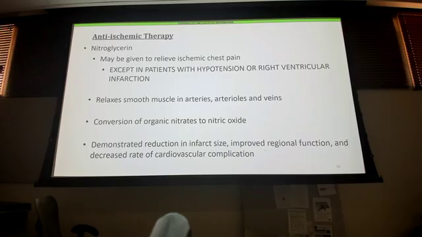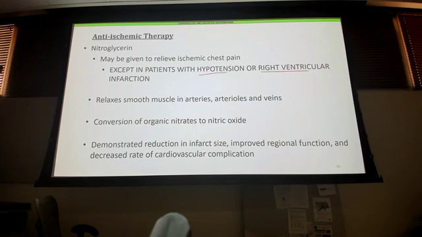Nitro. We know what organic nitrates do as far as being a vasodilator. It opens the lumen of the coronary artery to hopefully correct that supply problem that we have because of that inappropriate endothelial action or dysfunction. But you want to be careful because you don't want to give nitroglycerin therapy to patients who have hypotension because a vasodilatory effect is going to drop their blood pressure even more, or if they are having a right ventricular infarction.